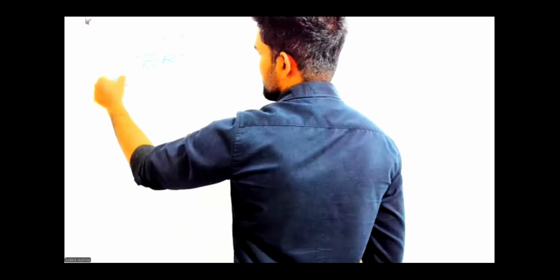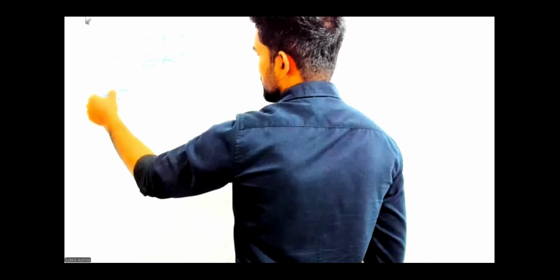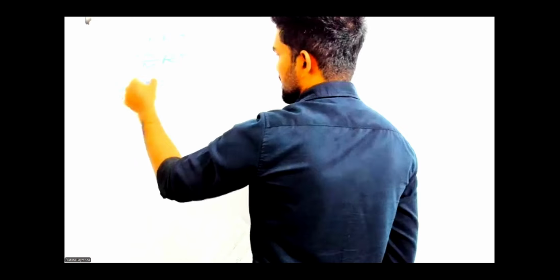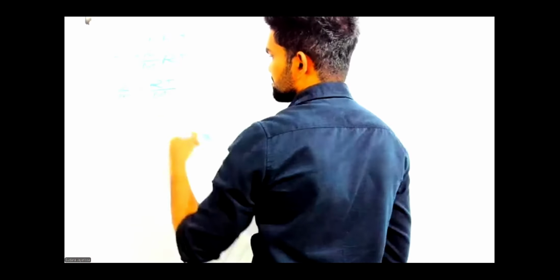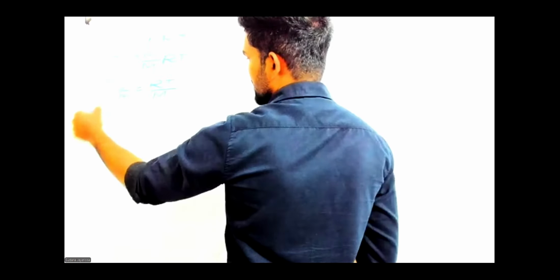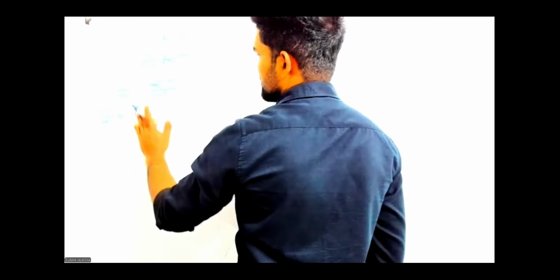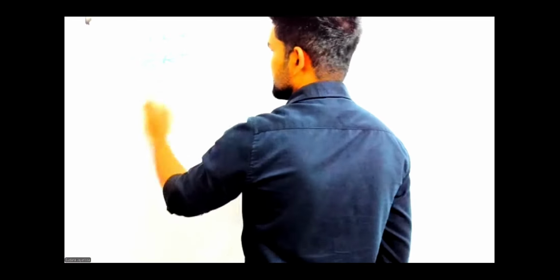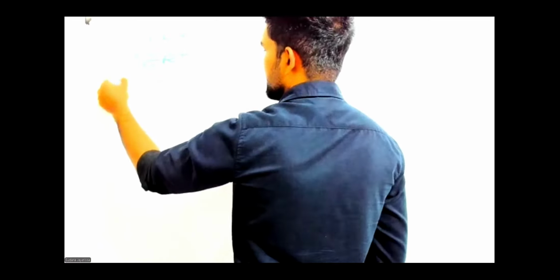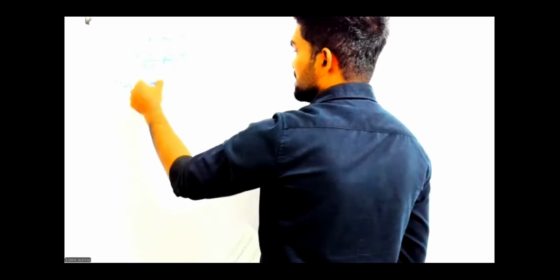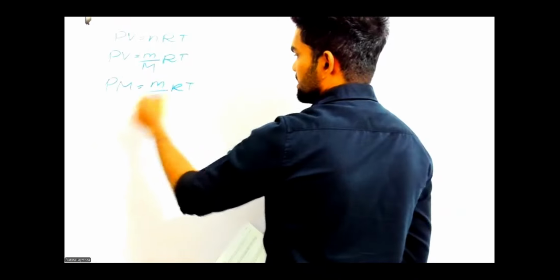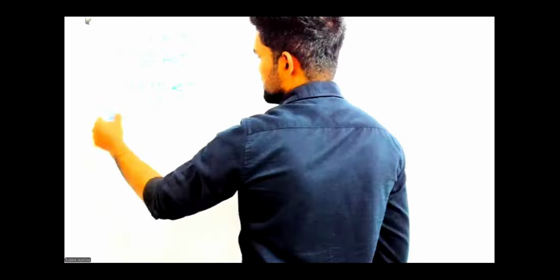So V over small m, then RT over capital M. This part, V over small m, is what? Density. You can move capital M to the other side and write small m over V equals RT. So small m over V is density.